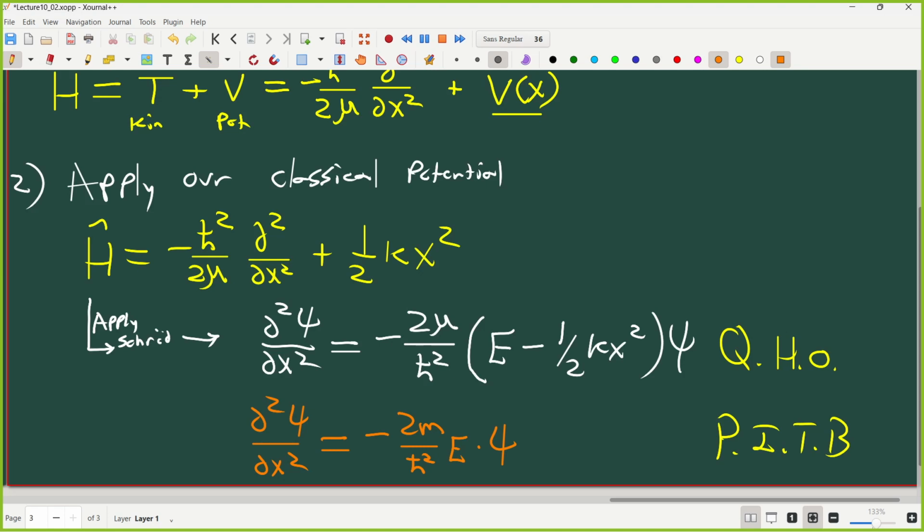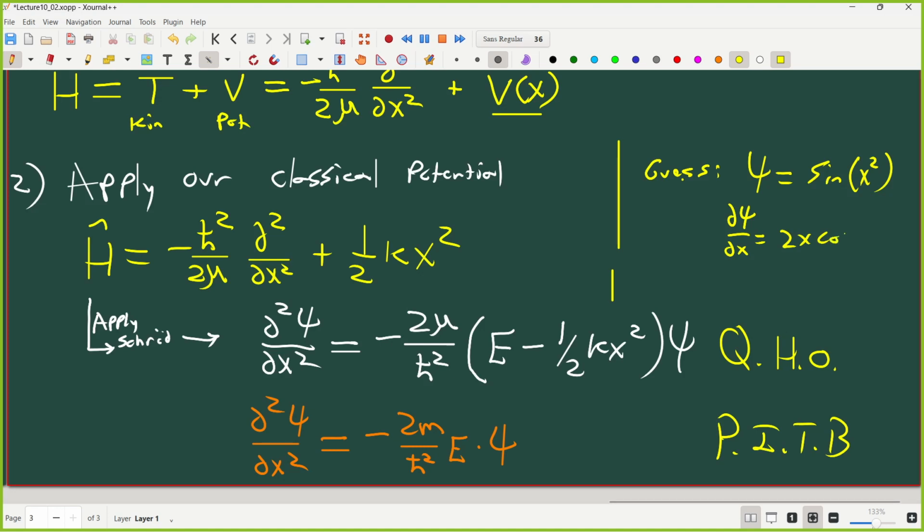So maybe we could do something very simple. I'm just going to put this in a box on the side. What if we guess psi is equal to sine of x squared? Maybe that's a good option, because what happens when we take the derivative of this? d psi dx is 2x cosine x squared.